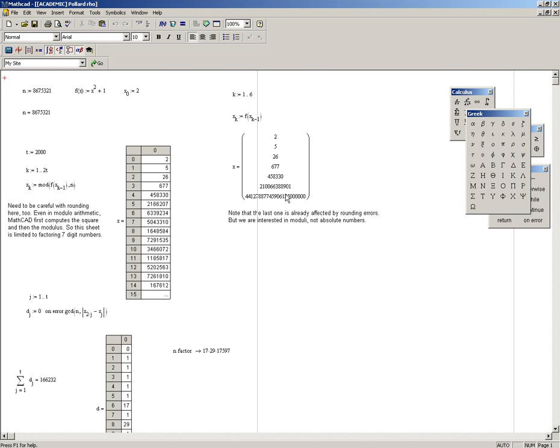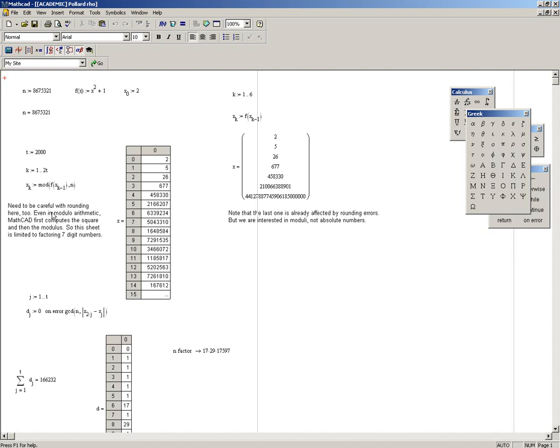very quickly the numbers get large, and note that the last one is already affected by rounding errors because this number will not end in a bunch of zeros. But we're interested in modulus n, so what we're going to do is set up x_k to be f(x_{k-1}) modulo n, and that's what this operation does here.